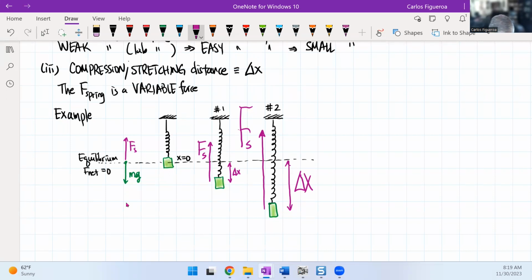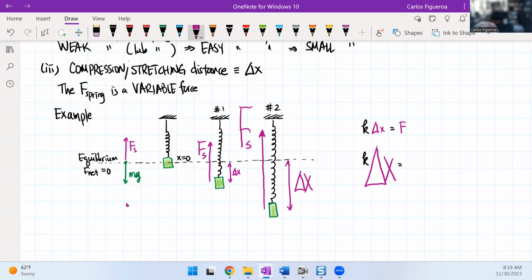So if I have the same spring, the same spring constant, and I only bring it down a little bit versus bringing it down a lot, then the strength of the spring force changes.